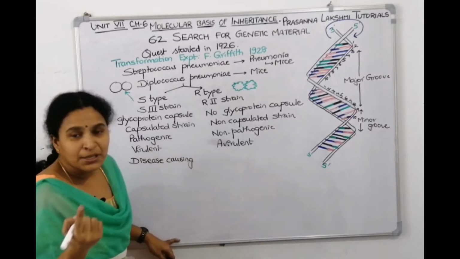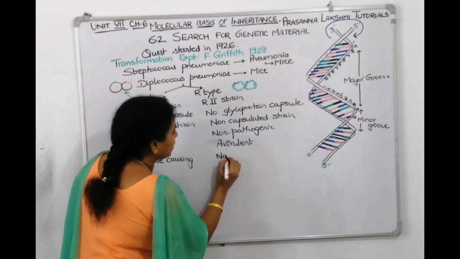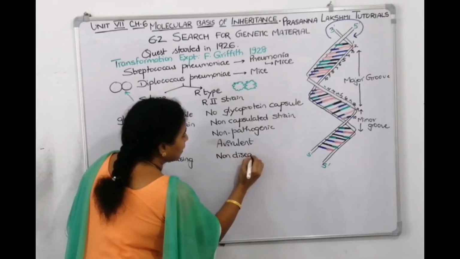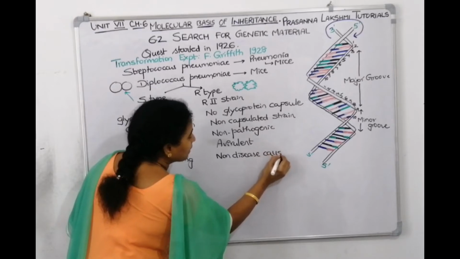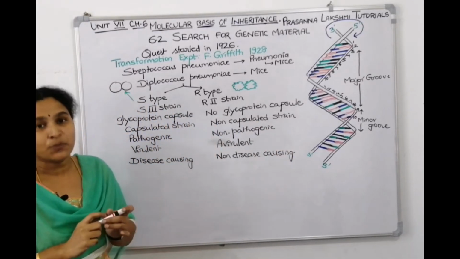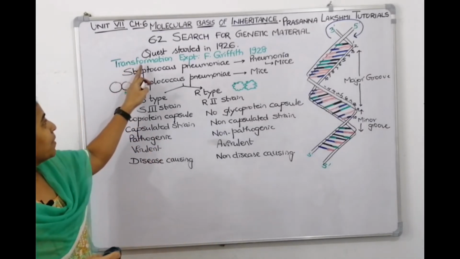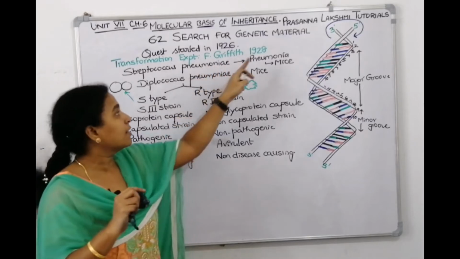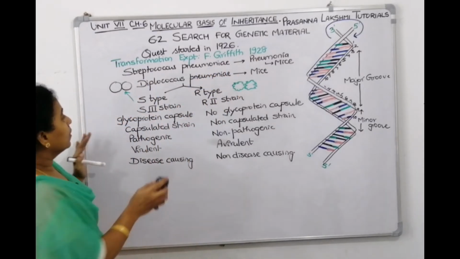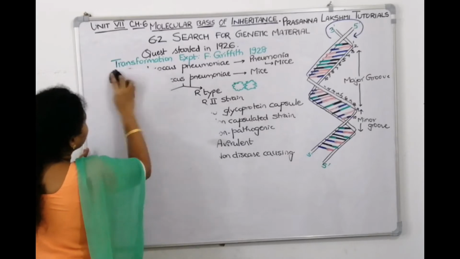Rough is non-capsulated, non-pathogenic, avirulent and non-disease causing. Now we will start with the experiment he conducted on mice in the year 1928. His experiment name is transformation experiment, done in 1928 on mice, taking Streptococcus bacteria.